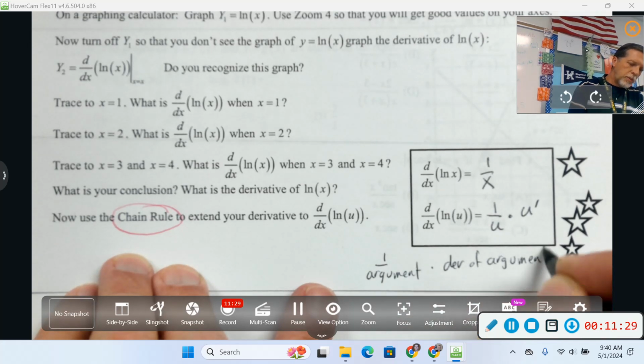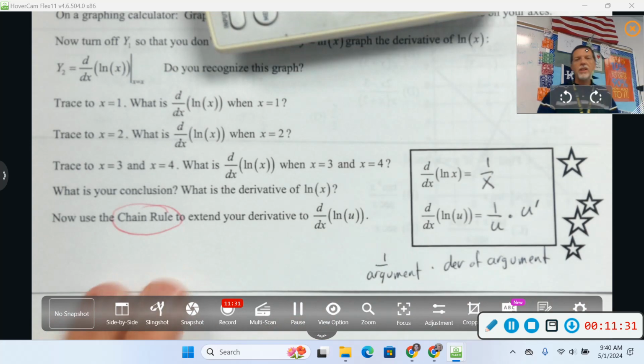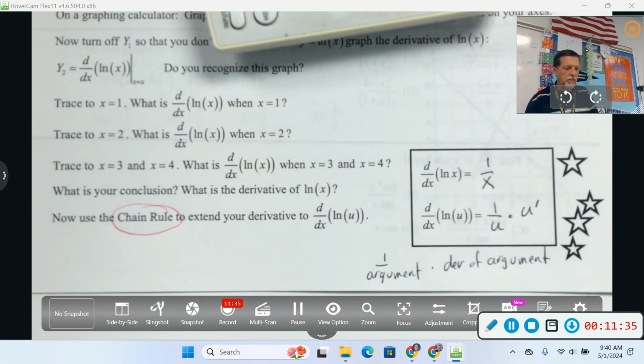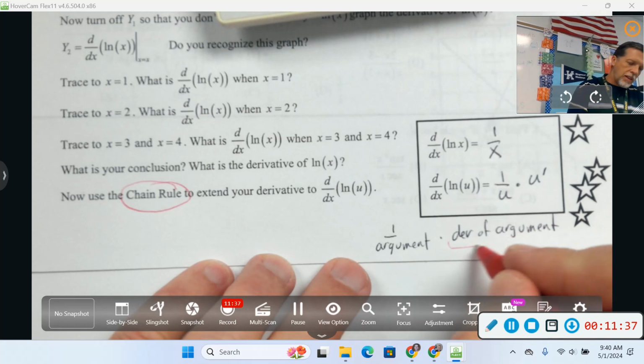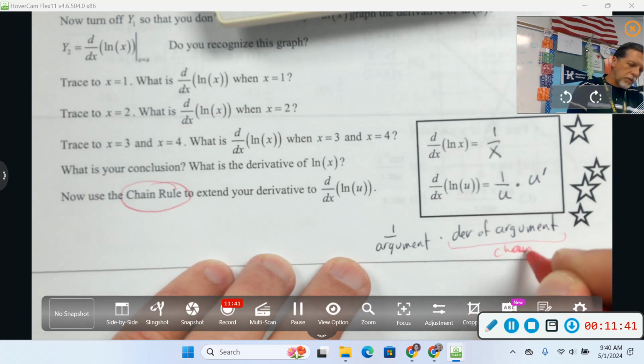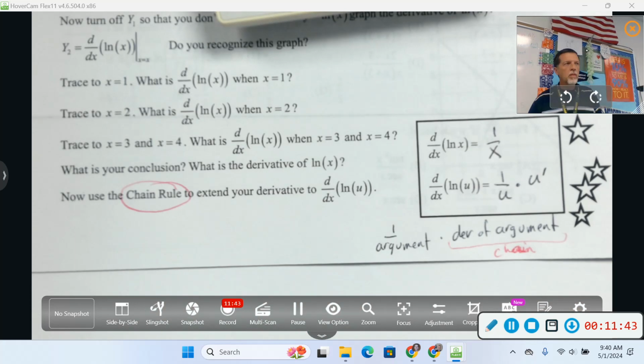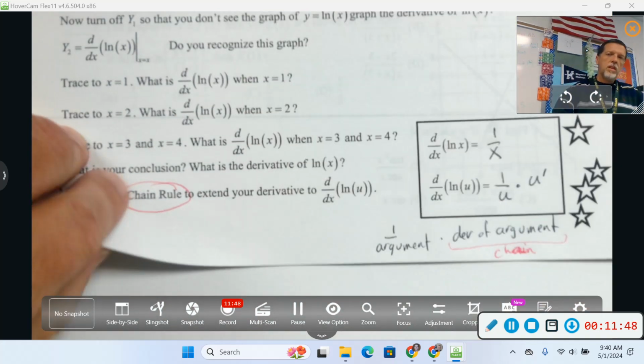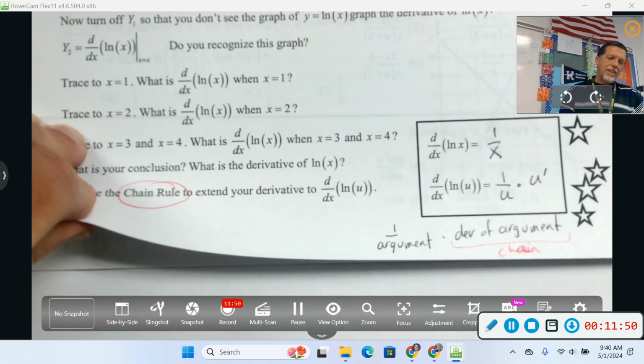If you want to spell it out in words, it's 1 over the argument times the derivative of the argument. That derivative of the argument is the chain rule coming into effect there. Okay, so that's the main rule.